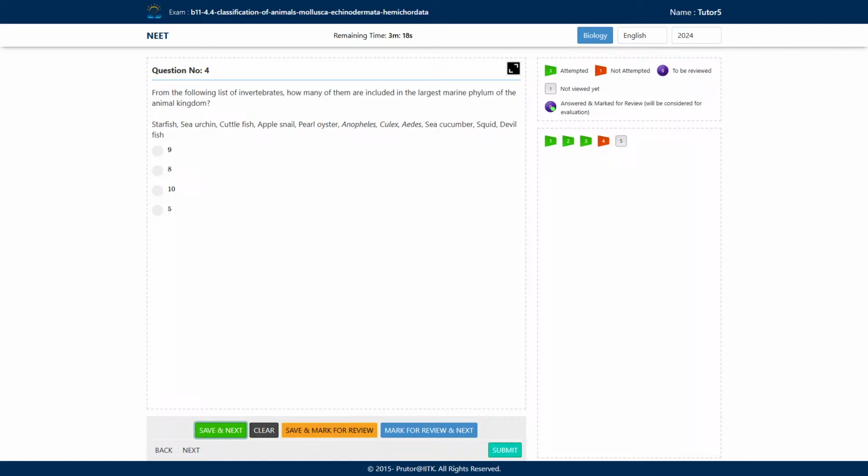They have given you the names of these organisms: starfish, sea urchin, cuttlefish, apple snail, pearl oyster, anopheles, culex, aedes, sea cucumber, squid, devil's fish.